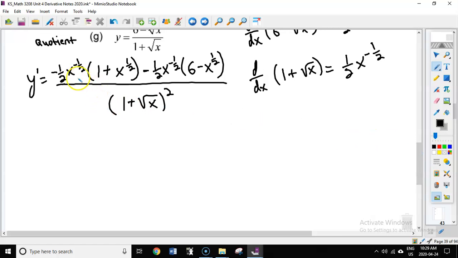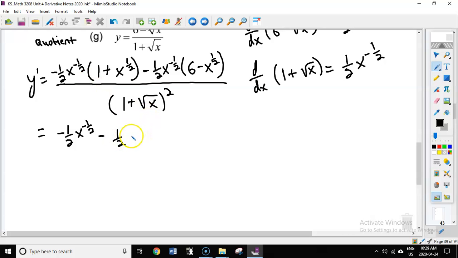Now let's work with the numerator here. Negative half x to the negative half times 1 is just itself, so we simplify that into negative half x to the negative half. Then the second term is where some simplification happens. We get negative half x to the negative half times x to the positive half will cancel out, so that's essentially times 1.